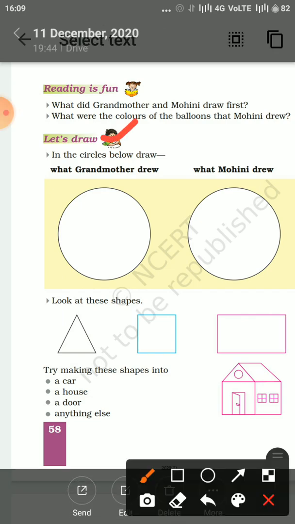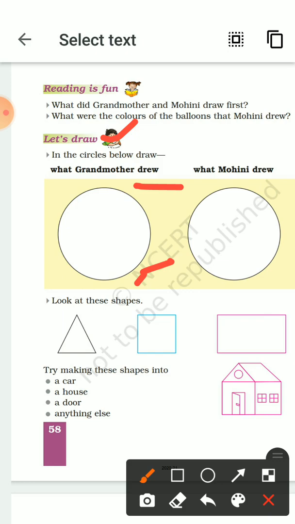Let's draw. In the circles below, draw what grandmother drew. From the story we get the answer to this question also. We have read this story, so we know the answer very well, that the grandmother drew a ball and a balloon.